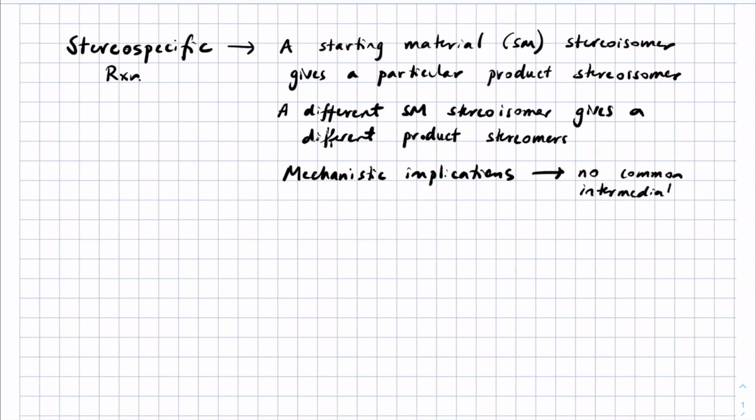They can't ever, midway through their reaction, intersect with the same molecule. Otherwise, it wouldn't work out that way. Sometimes it means the reaction's concerted. Other times it means the reaction has particular stereochemical requirements.